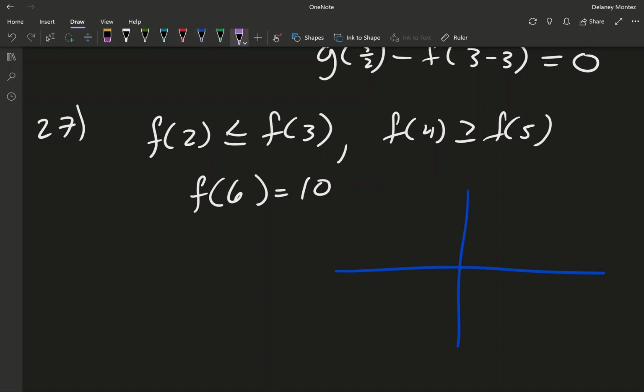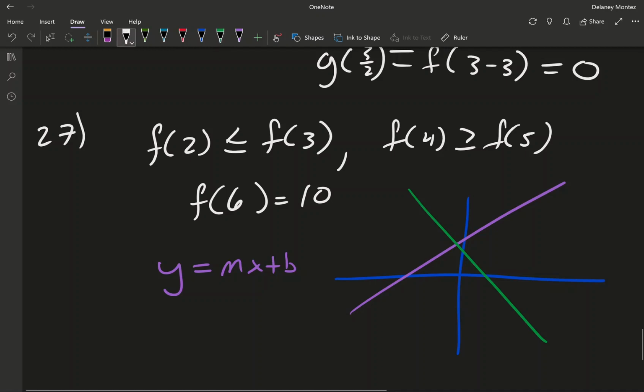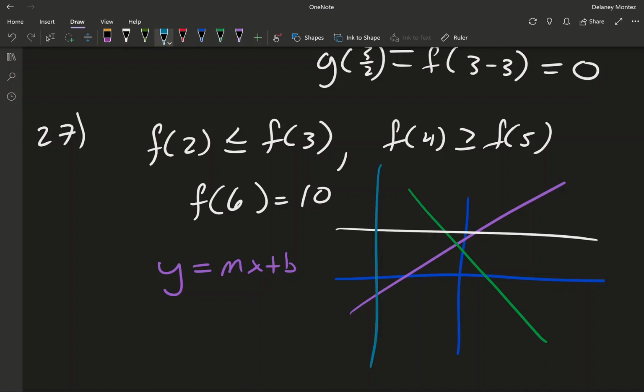Well, we know that it's going to follow y equals mx plus b, right? And there's a few ways we can have linear functions. We can have them with positive slope, or you can have them with negative slope. And remember, there's two tricky ones. You can have one that's horizontal, or you can have one that's vertical, right? So these are the 4 ways you can have a linear function.